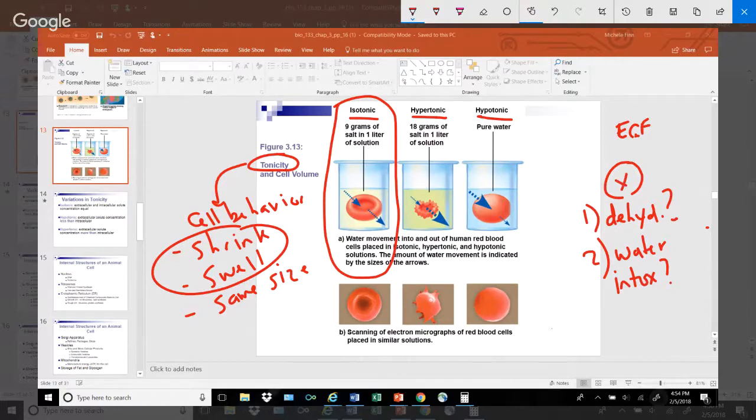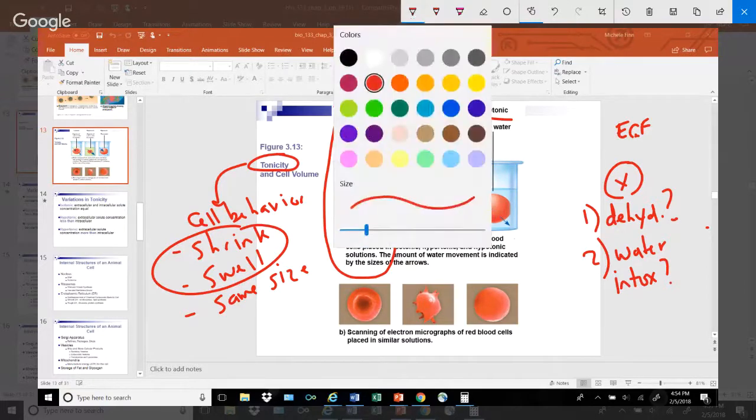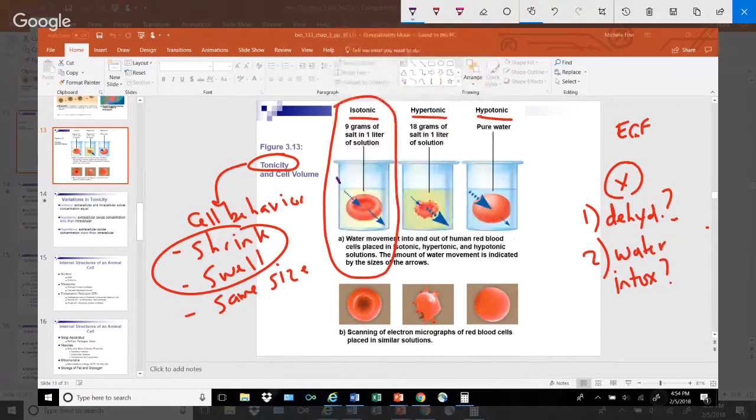Well, if you look at my pictures over here, you'll notice right away that isotonic means, iso means same, tonic means cell volume. So notice my arrows here. This is what we want cells to be bathed in. We want cells to be bathed in an isotonic solution.